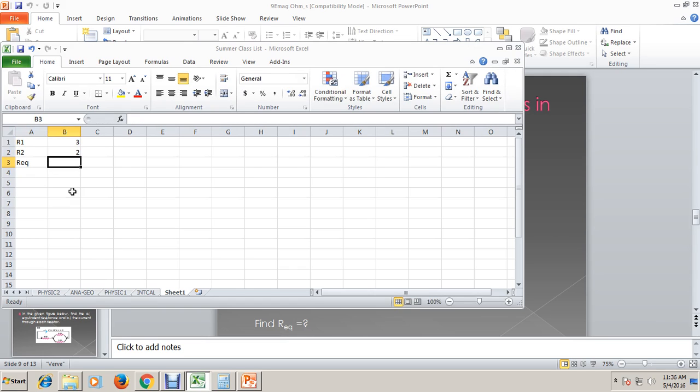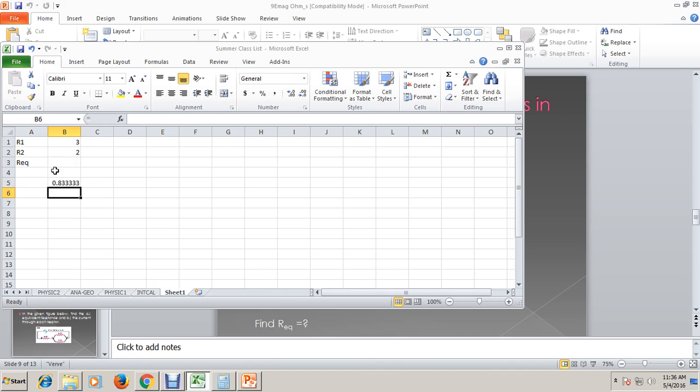R EQ is simply, okay, so the formula is 1 over R equivalent. So this means you will be getting 1 divided by R1, then plus 1 divided by R2, and this would serve as the sum.